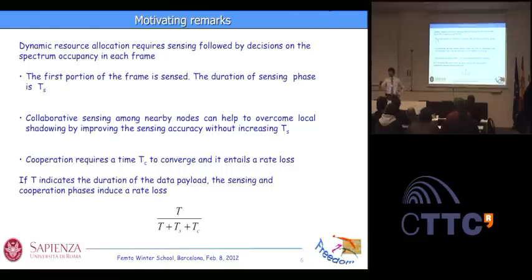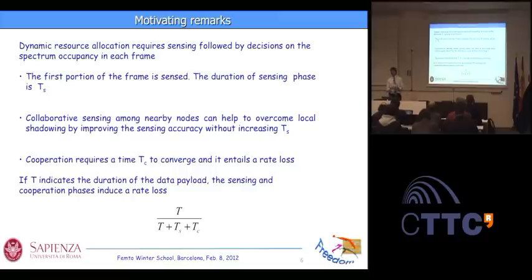I see that the energy is low just because I am in shadow, but of course I cannot know that. Then I decide to allocate my bits over that sub-channel, and I create interference, or I do something that I should not do. Okay? So the way around to overcome this problem is that we need to incorporate some kind of cooperative sensing. So every sensing node should be able to talk with, let's say, a few local neighbors so that they can overcome this shadowing effect.